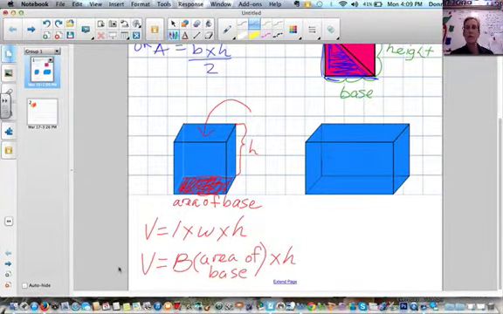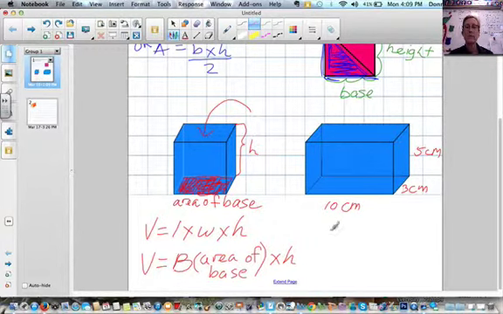So looking at this one right next to it, we have another rectangular prism. Let's give this the dimensions. Let's say this is 10 centimeters. This side right here is 3 centimeters. And then right here, let's say 5 centimeters.